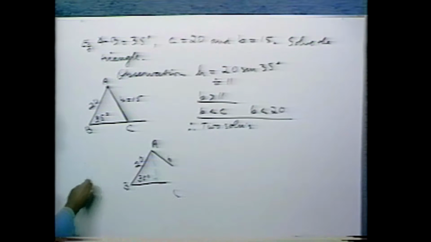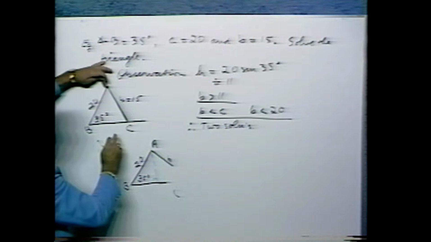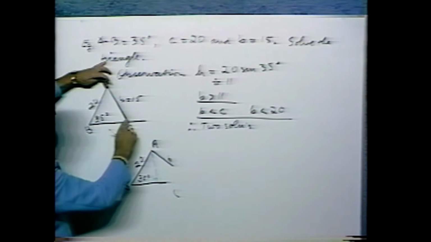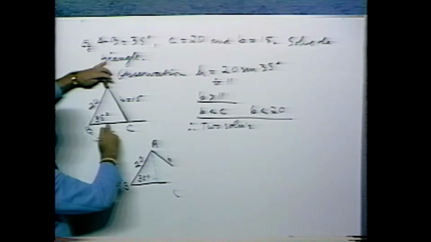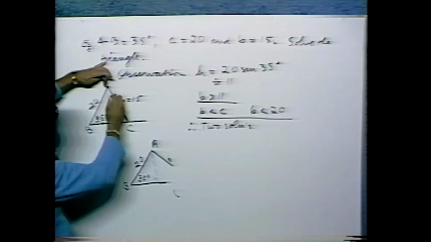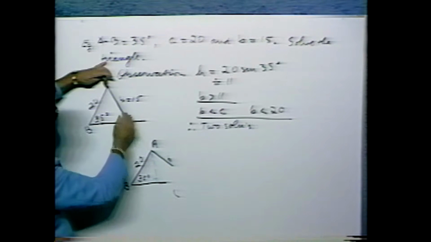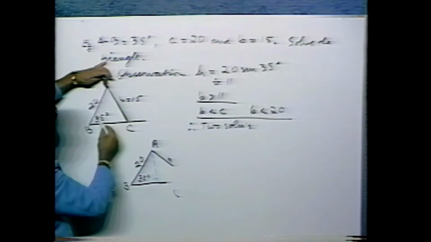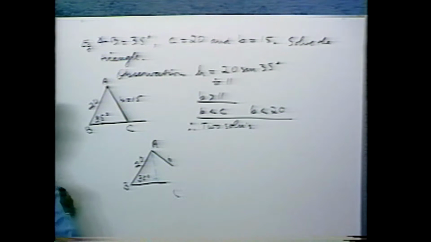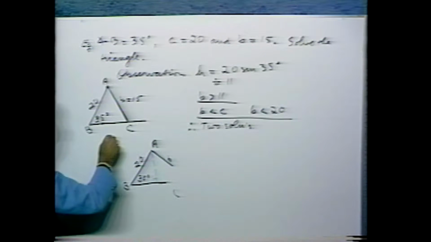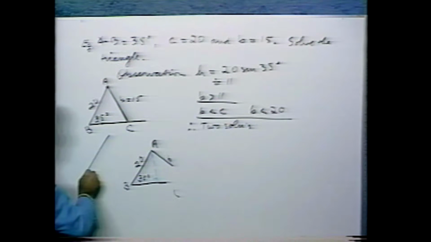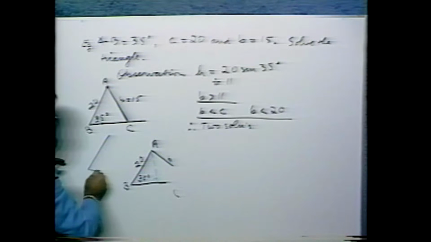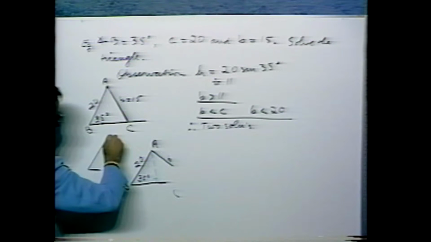Now the other triangle is, if you assume again that B is hinged at A, that this arm can swing around and cut the base at another point here, resulting in an isosceles triangle, of course. But the two triangles now under study are one that looks like the one I have just drawn, and the other one looks like this.